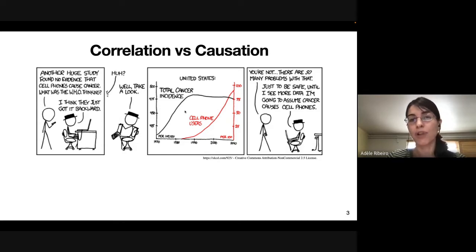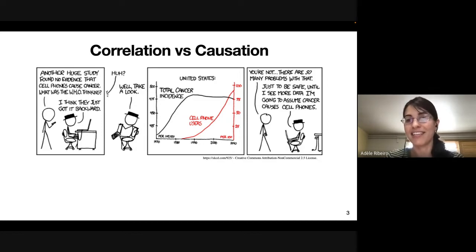So they have this plot, and you see that the total cancer incidence is increasing over the years. And after 20 years, we observe an increase in the number of cell phone users. So it seems, just looking at this plot, that cancer incidence is causing cell phone users.